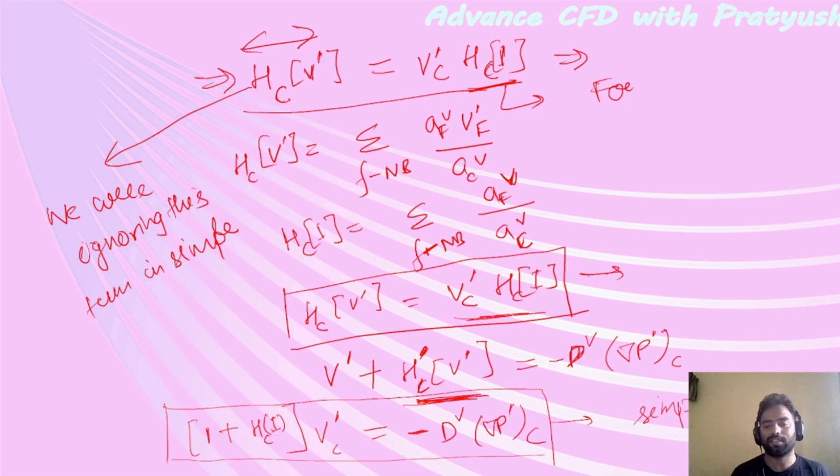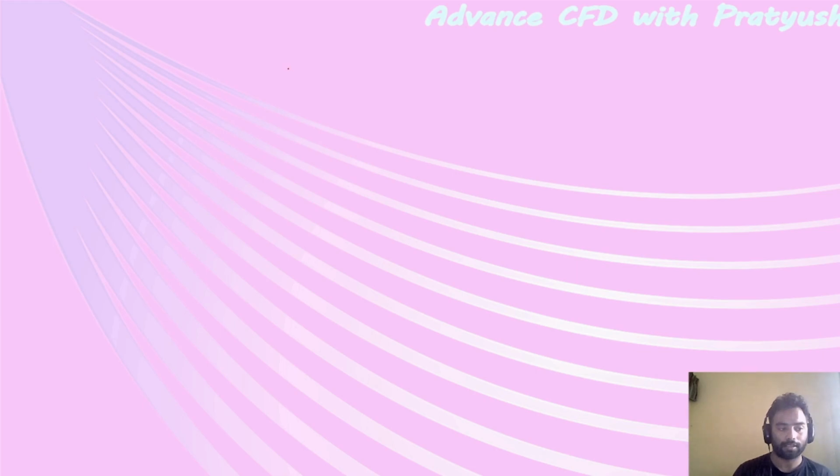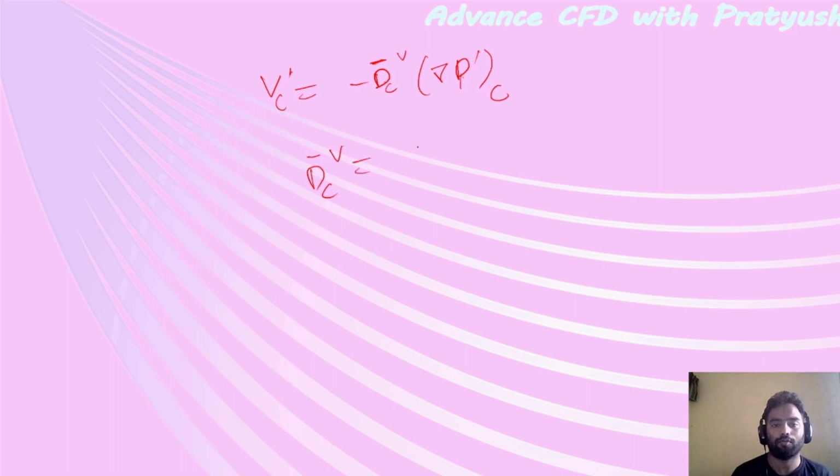Simplex, simple plus consistent. Now this same term I can write further as VC dash equal to minus DCV bar into del P dash into C. Here you can write DCV bar equal to DCV upon 1 plus SC1.